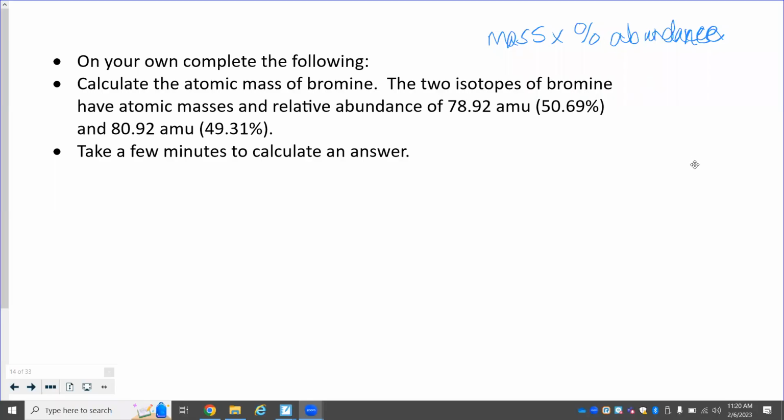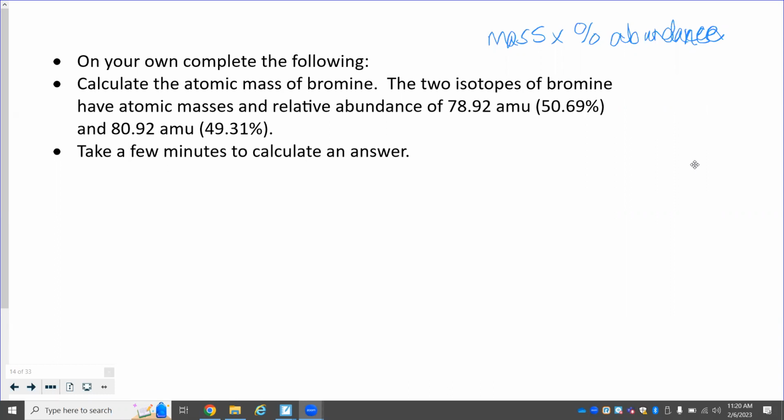All right, let's look at this last one together. It says calculate the atomic mass of bromine. The 2 isotopes of bromine have atomic masses and relative abundances of 78.92 AMUs, which has a percent abundance of 50.69%, and 80.92 AMUs, which has a percent abundance of 49.31%.